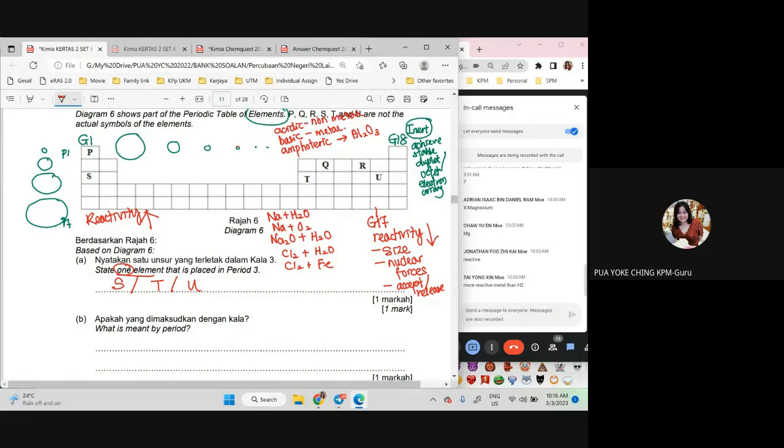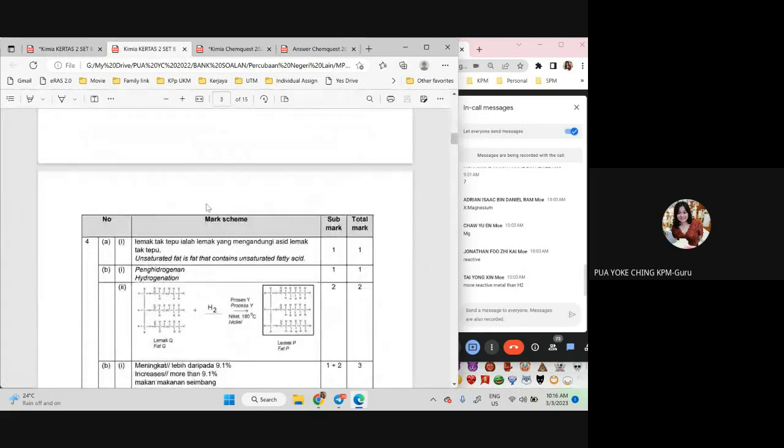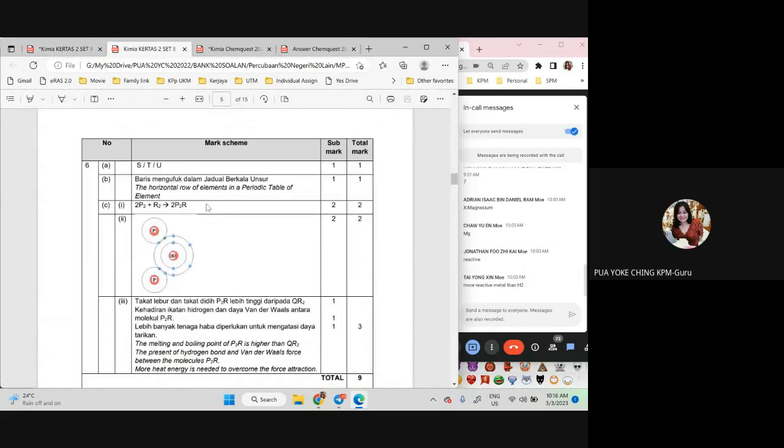So what is the meaning of period? Okay, so yang ni cikgu dah beritahu tadi, what is the meaning of period? The horizontal rows of elements in a periodic table. Okay, so BM version, baris mengufuk unsur dalam jadual berkala unsur.